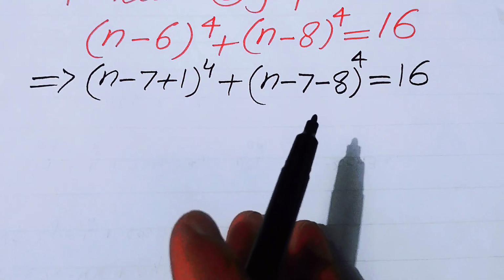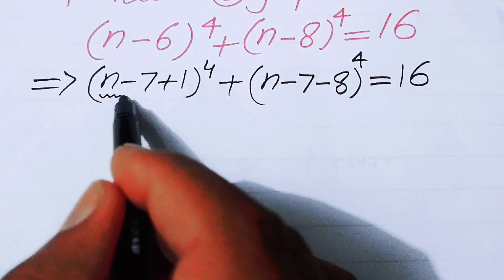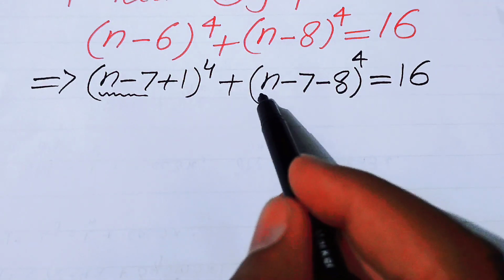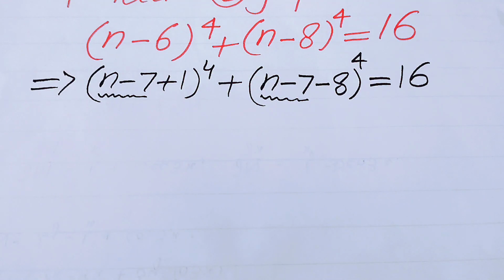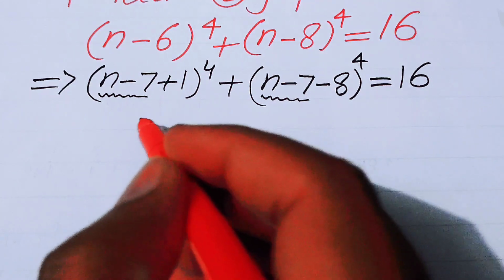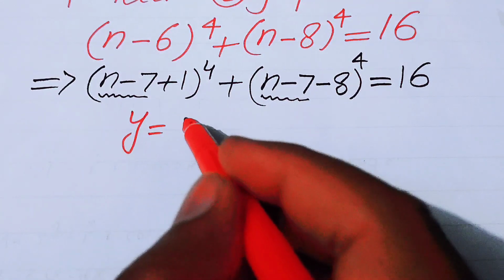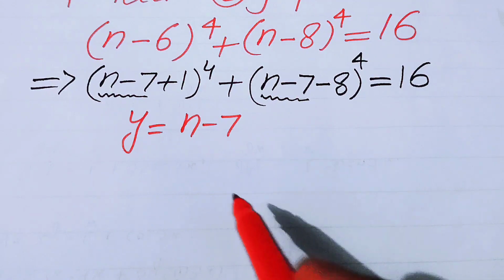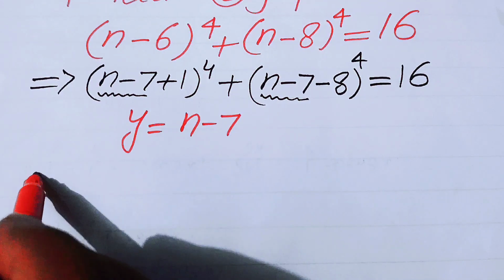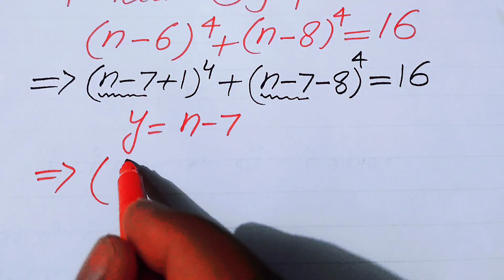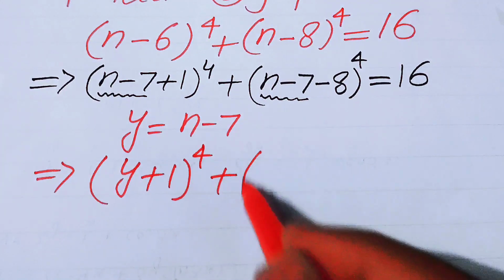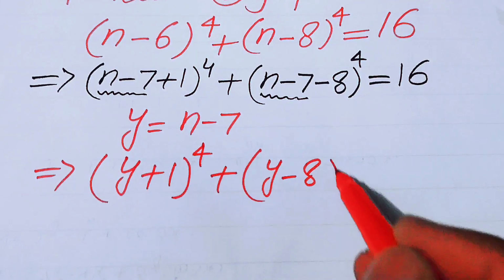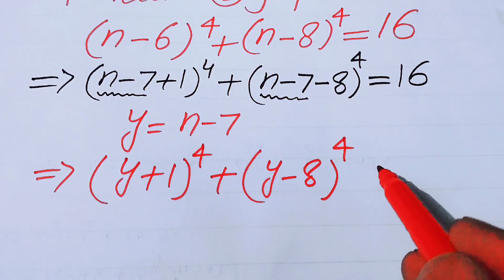And now you can see that we will make the similar term, which is n − 7, on both of these terms, so now we will just put this n − 7 equal to y. When we take y = n − 7, this expression becomes (y + 1)^4 + (y − 1)^4.